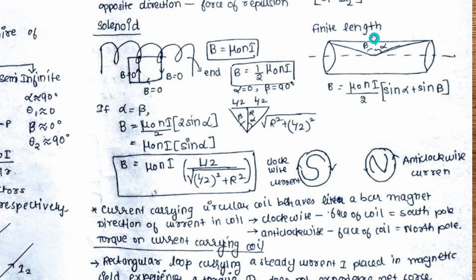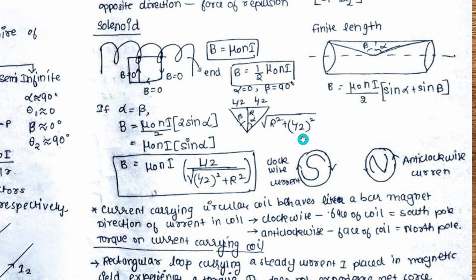Considering a finite length solenoid, and if I consider it to be a cylinder, then B is equal to μ₀nI by 2 (sin α + sin β). Now if my alpha is equal to beta, then B is equal to μ₀nI by 2 into 2 sin α. So 2 will get cut off. We will get μ₀nI sin α.